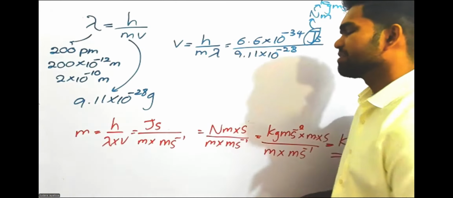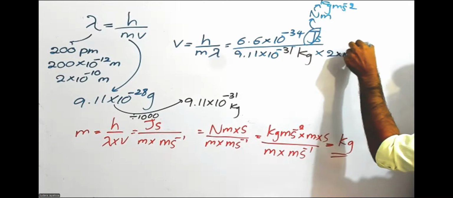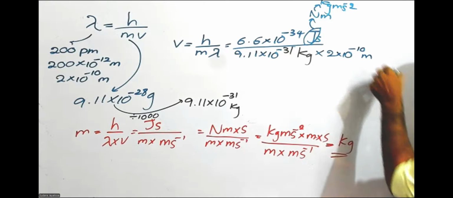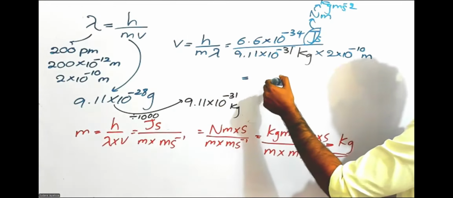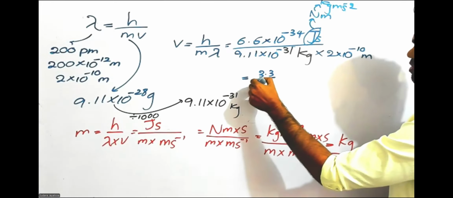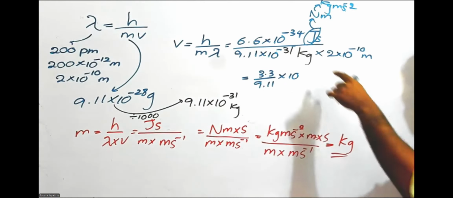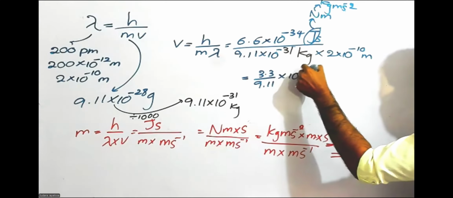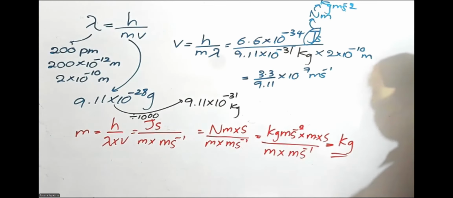Just understand that 200 picometer you can say is 2 into 10 to the power minus 10 meters. So finally you can say 3.3 over 9.11 into 10 to the power 7 meters per second.